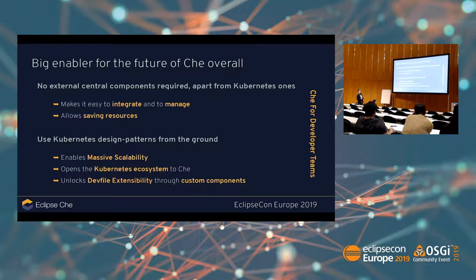And of course, it will open the Kubernetes ecosystem to Che, leveraging all the features that are provided by operators, the currently growing ecosystem of operators. And last but not least, it would also allow us to unlock the Devfile extensibility.